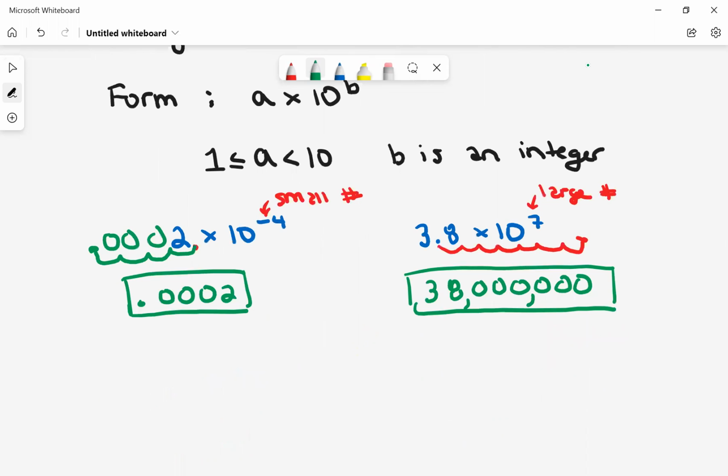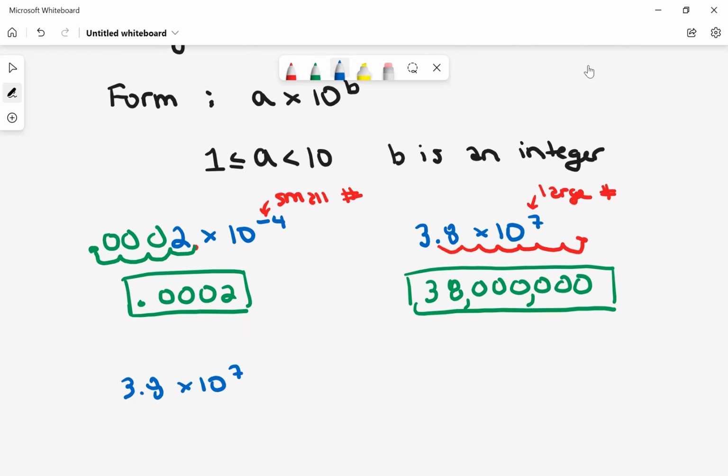Okay, now before we practice some more with this and why we bother with scientific notation, I want us to understand why this completely makes sense. So really quick, 3.8 times 10 to the 7. 10 to the 7 means 10 times itself 7 times.